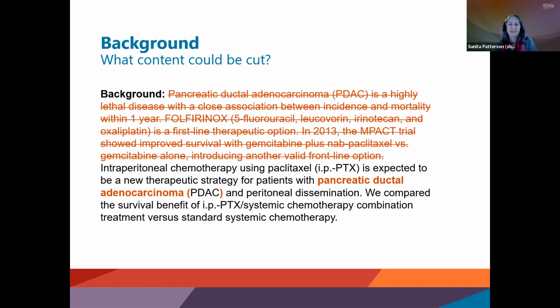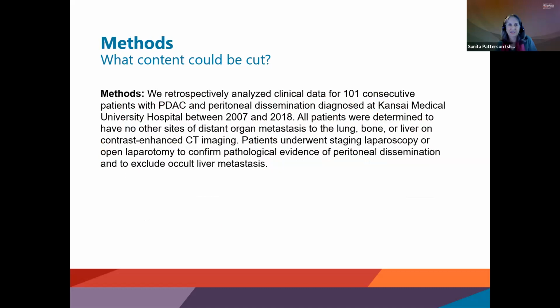So let's look at the methods section. I have another poll for you. This is the first part of the methods section. Okay, can you see a poll?